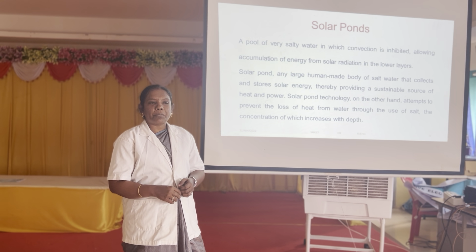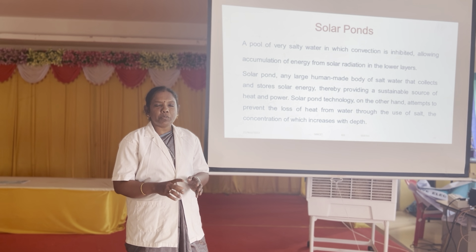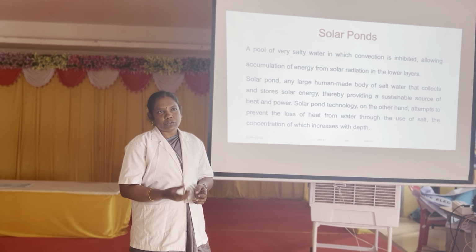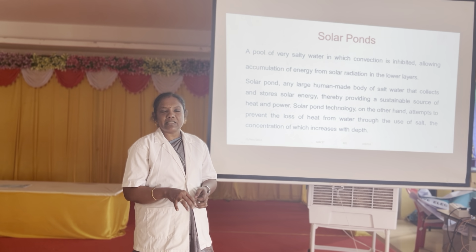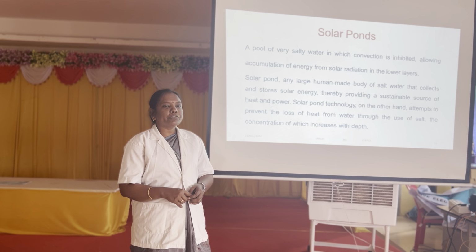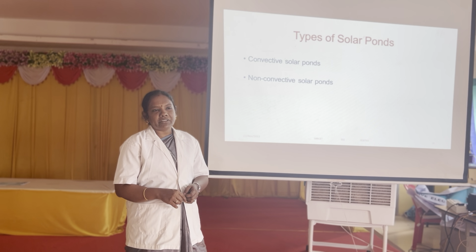Next one is solar pond. Solar pond is a human-made pond in which we are adding salt to maintain the heat in the solar pond. Solar pond is of two types: convective solar pond and non-convective solar pond.